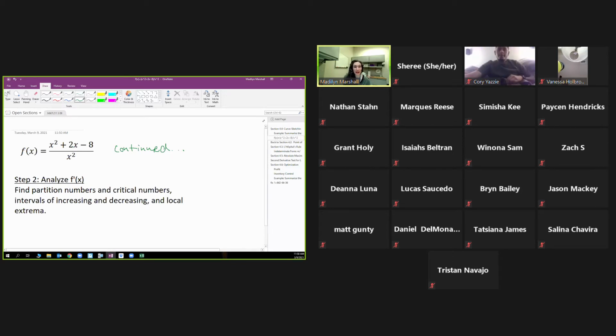So step 2 is to analyze f prime of x. This is all of the stuff that we were doing in section 4.1. Figuring out what the first derivative of a function tells us about our graph.